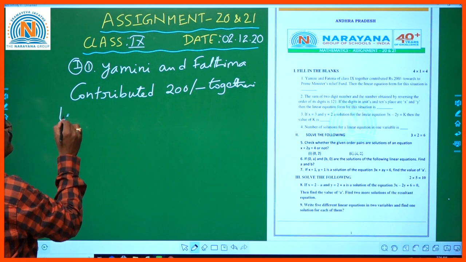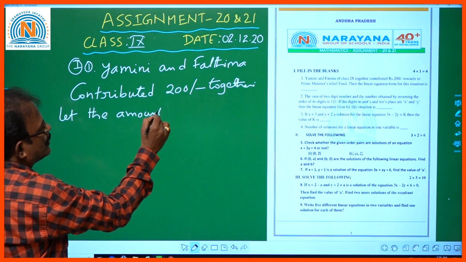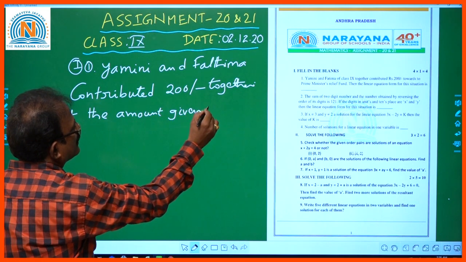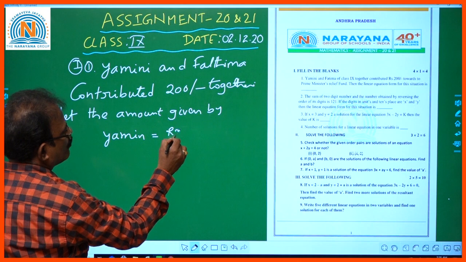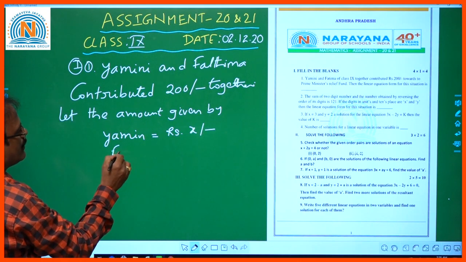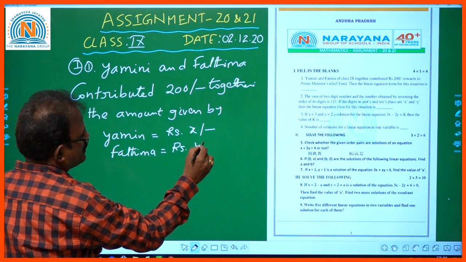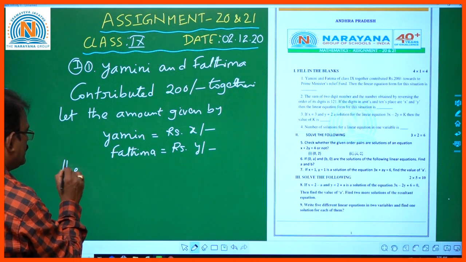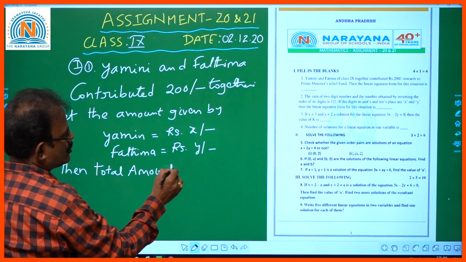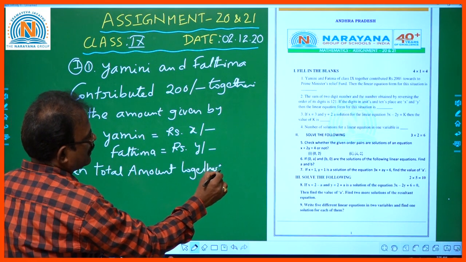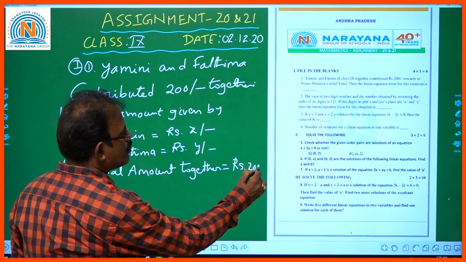Okay children, so let the amount given by Yamini be rupees x and Fatima rupees y. Then the total amount together contributed for the PM Relief Fund is rupees 200.